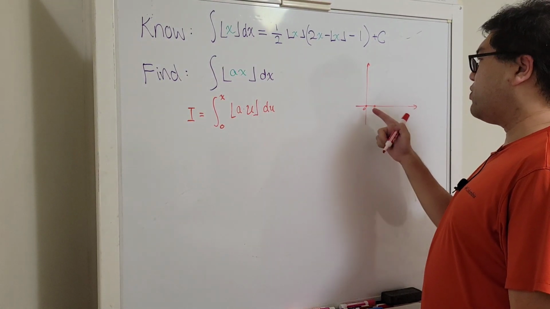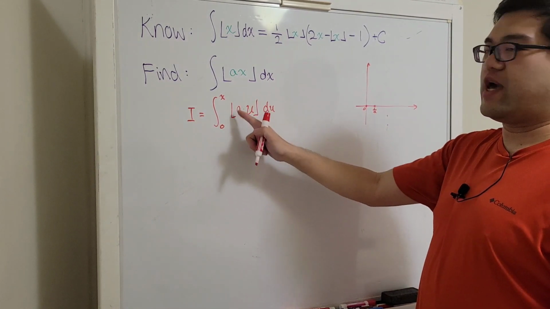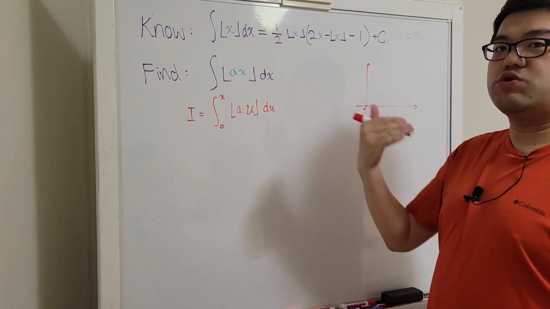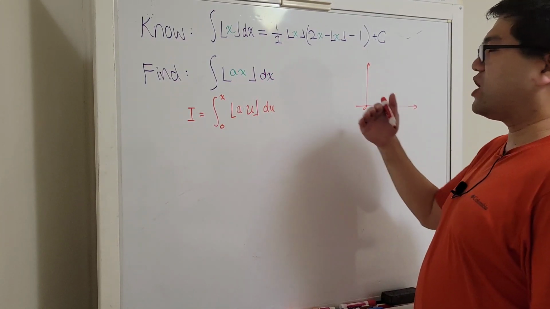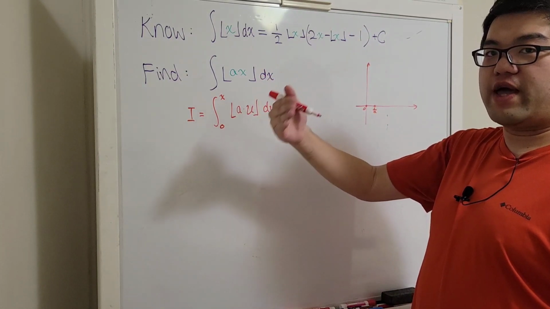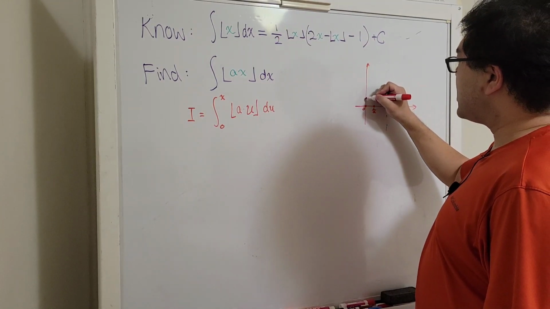Why? Because if we plug in 1 over a, we get a times 1 over a, which is equal to 1, and then the result of the floor function will increase by 1 every time.